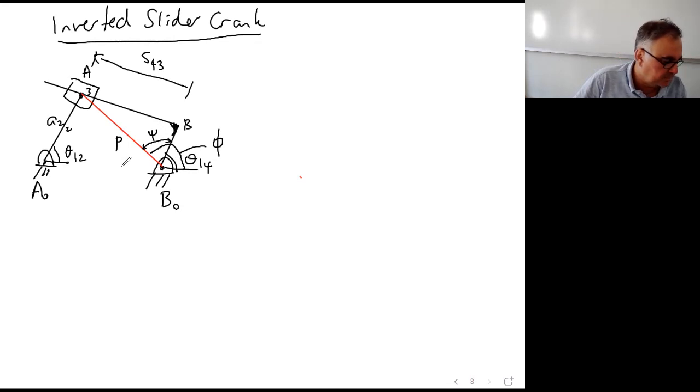So now we look at this triangle A0, AE0, and we can write the following.